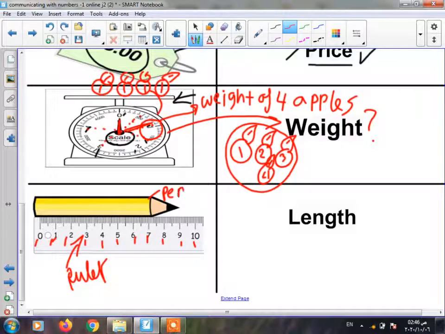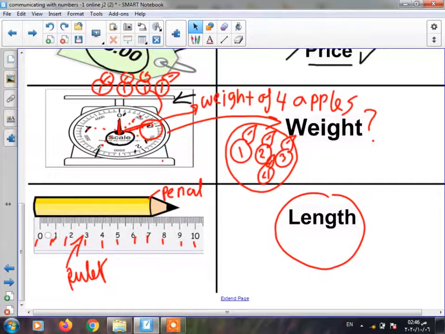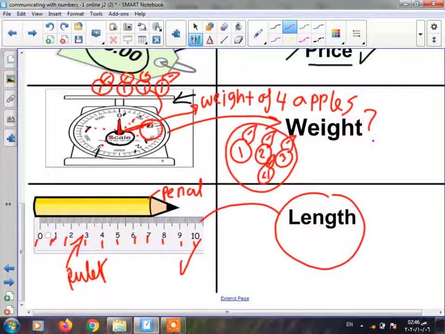I want to know information about its length. So I will use a scale? No. I will use a clock? No. I will use what? A ruler, because the numbers on the ruler will give me information about its length. So we made a summary of the last lesson.